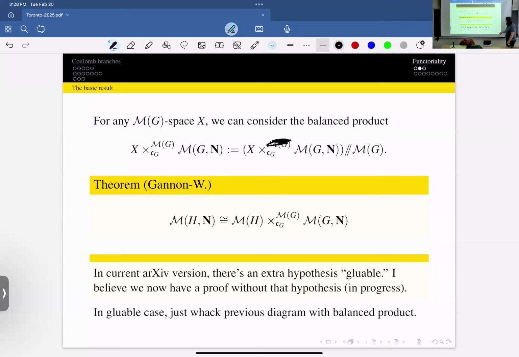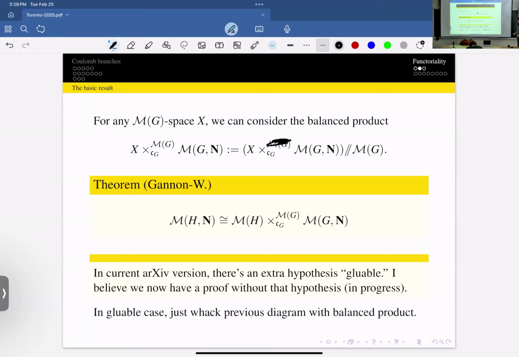And we have this nice functoriality theorem that if I take MH and I smash it this way with MGN, I get MHN for the restricted representation. I should warn you, in the current archive version, there's an extra hypothesis that we needed.